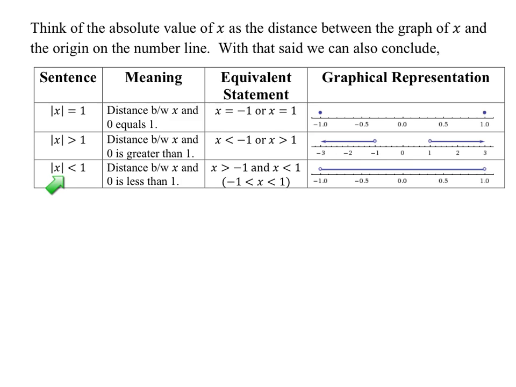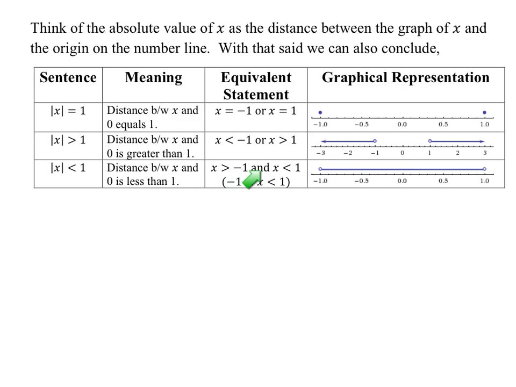And then finally, the last part: if the distance is less than 1, numbers that are less than 1 unit away from 0 are all decimal values less than 1, proper fractions. So those are the numbers from 0 all the way to 1, and from 0 all the way to negative 1. So it's this region in here between negative 1 and 1. So this is an and statement.